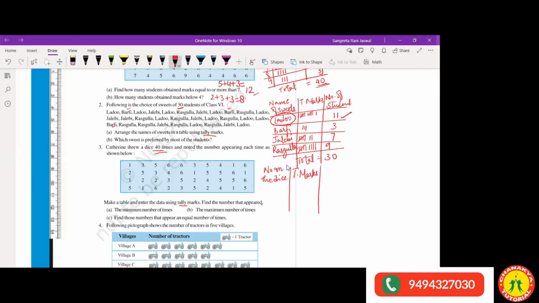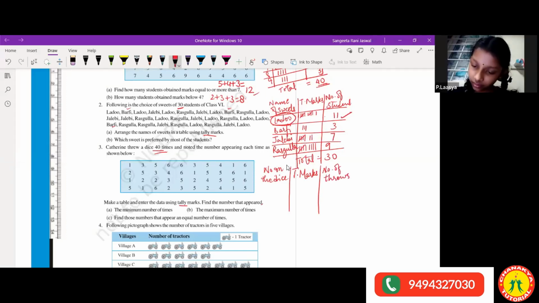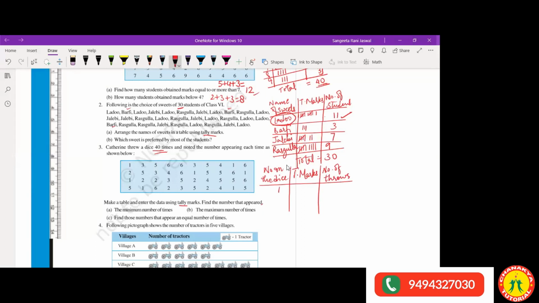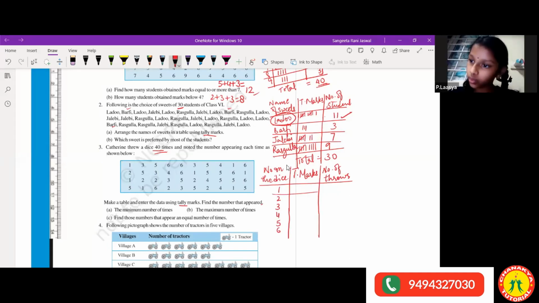Then the next is number of throws. Are you getting it? The range is 1, 2, 3, 4, 5, 6. Please, everyone, keep your videos on.